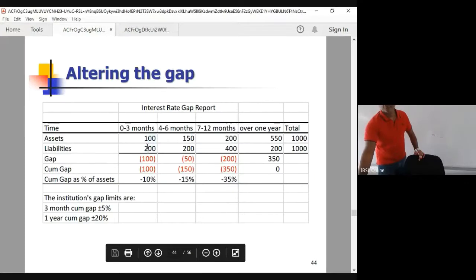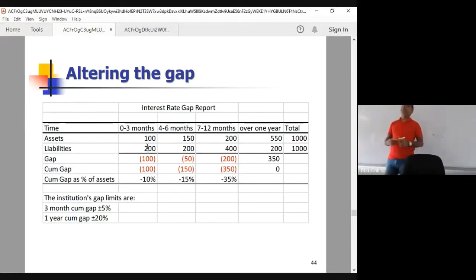Your deposits get repriced at a higher rate, and your assets get repriced at a higher rate, but on a lesser amount of assets. So in other words, when interest rates go up with a negative gap, you lose money. Your NII goes down, correct?